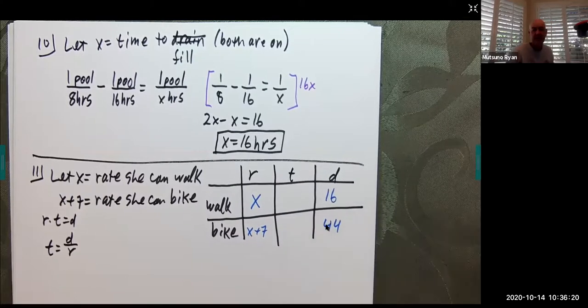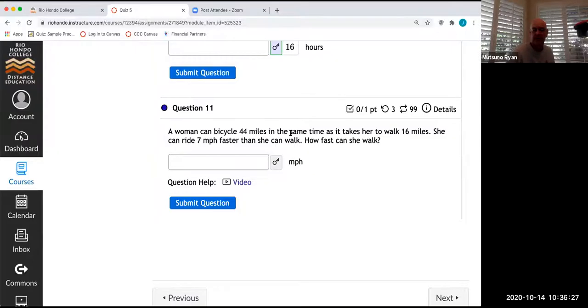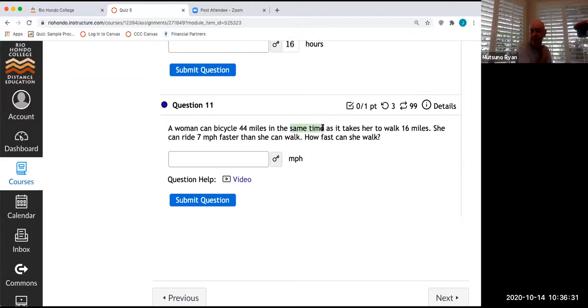The key phrase here, let me switch back real quick, is here. Same time. Same for us means equals. That's our equation. That's getting us everything that we need.